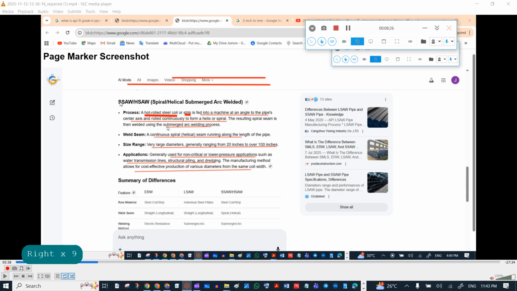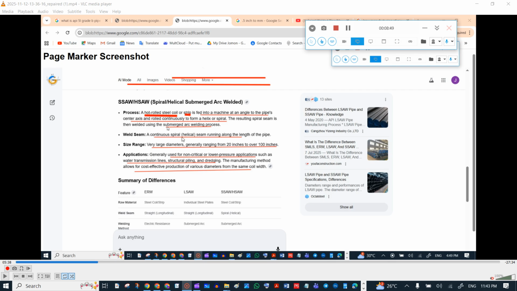Now this is spiral SAW, also helical SAW. Hot rolled steel coil or strip is fed into the machine at an angle to the pipe's central axis, rolled continuously to form a helix or spiral, and the seam is welded using the submerged arc welding process.